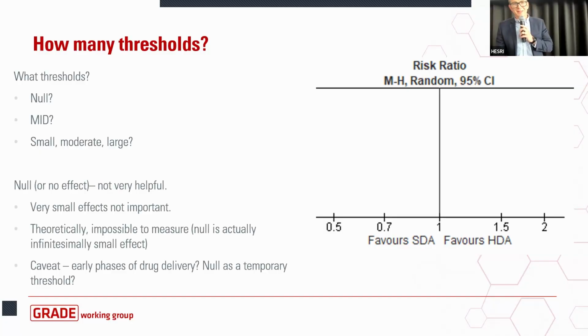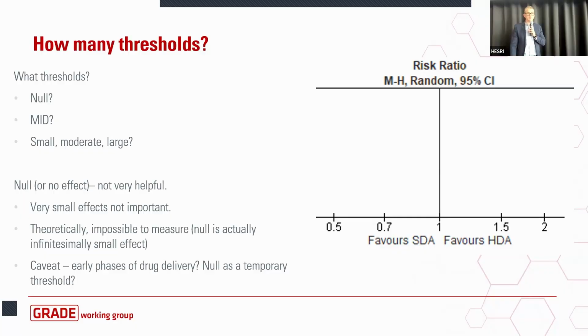Now, maybe not everyone will agree, but if we think about setting the threshold as the null, it's not really that helpful for end users. It's because, and we all know this, you might have a really, really small statistically significant effect, which might not be clinically meaningful, for example.